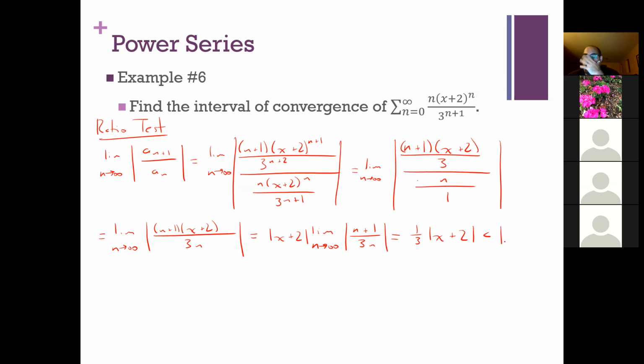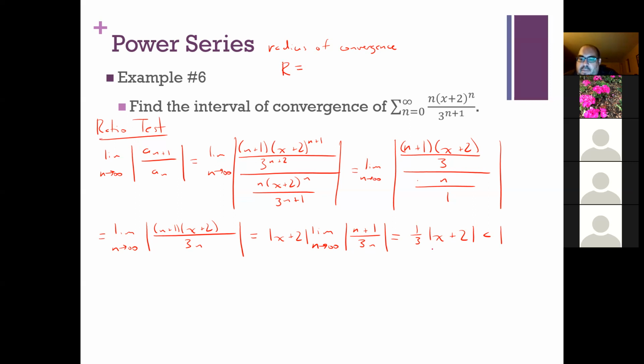So now what I have is 1/3 times the quantity absolute value of x plus 2 is less than 1. So first, I want to find my radius of convergence. What is that constant going to be?